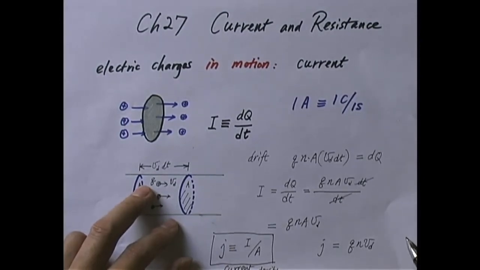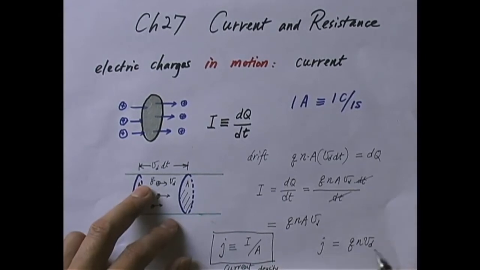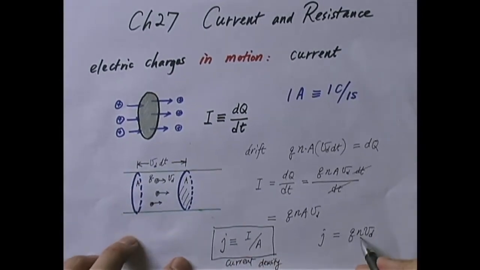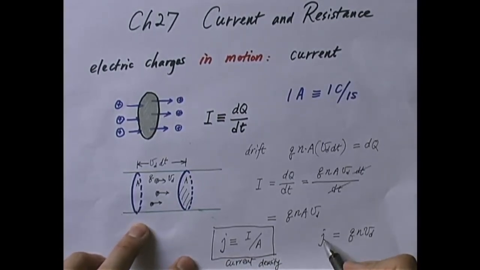And you can see J changes from point to point if Vd changes and if n changes. In a region where there are a lot of charges per unit volume and the charges move very fast, you can imagine there is a greater current density. The direction of the current flow is along the same direction as Vd, assuming Q to be positive. Of course, if Q is negative, you automatically get a negative sign, so the current reverses.